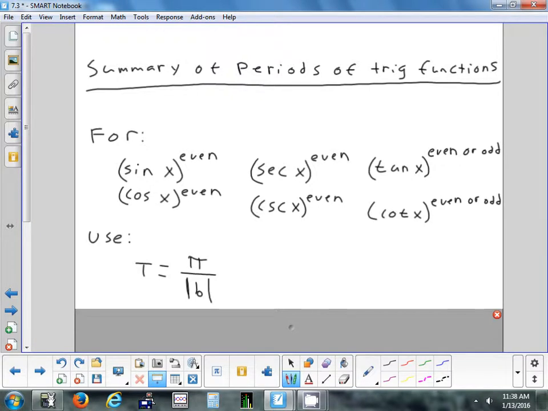That's how you find the period, where b is the coefficient of x in the argument. So if you have sine to an even, cosine to an even, secant to an even, or cosecant to an even, all those use the formula pi over b. And for tangent and cotangent, it doesn't matter whether it's even or odd, you use the formula pi over b.